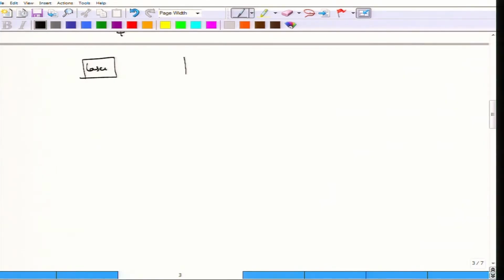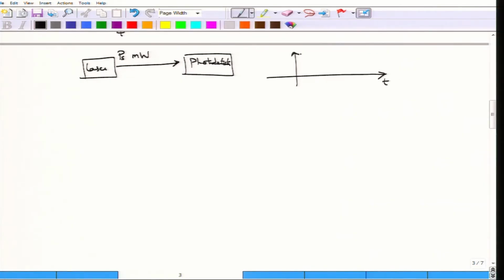You take a laser and then a photodetector. If your photodetector was ideal, producing no noise, and you set the laser power output to some Ps milliwatt, what you would expect is this characteristic: as a function of time, the power is constant and has a value of Ps.